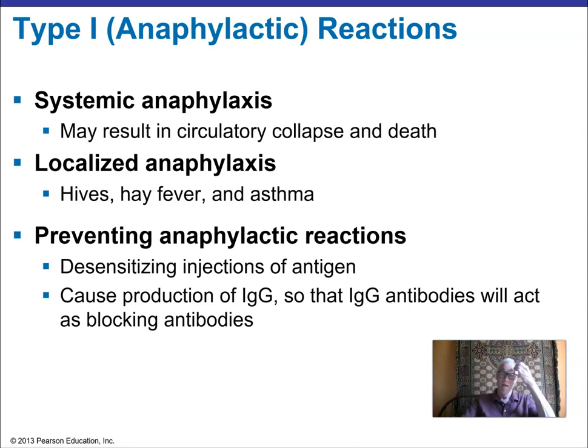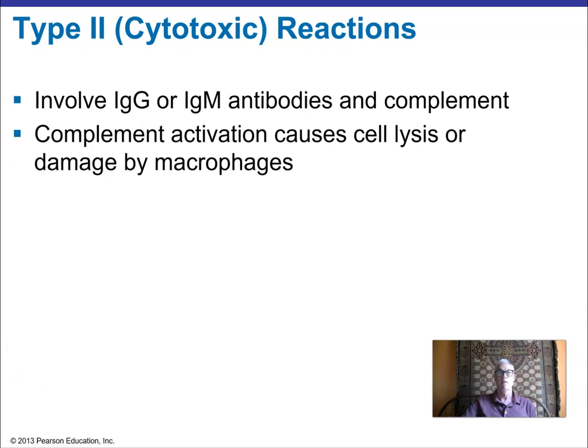A newer idea is to cause production of immunoglobulin Gs. I guess the mechanism thought to be by which these desensitizing injections work is to provide IgGs that will block the production of IgEs and the setup for anaphylaxis.